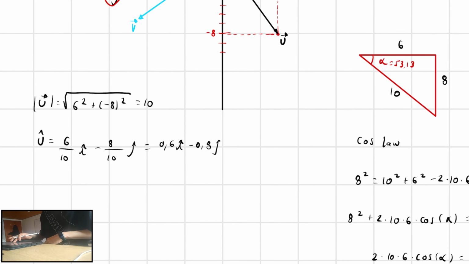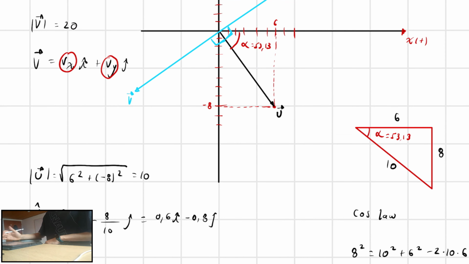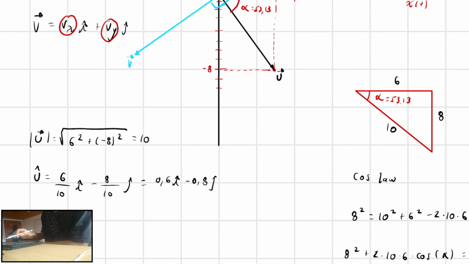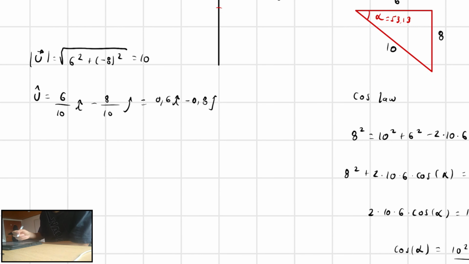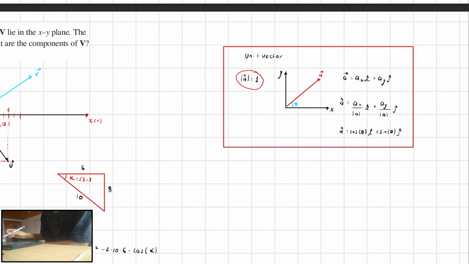Right, now that we have the angle that is generated between the vector and the x-axis, I should be able to find the unit vector of u in terms of the angle, as we did right here.